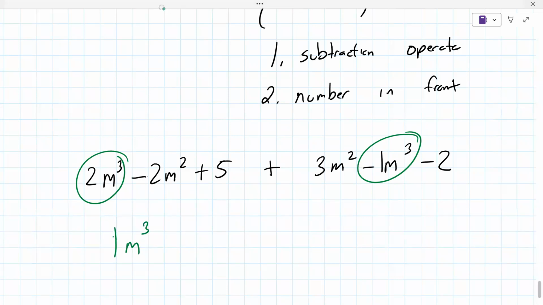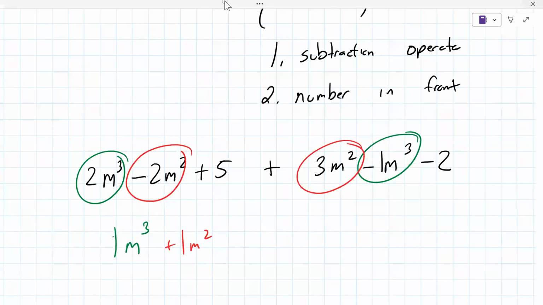All right, now do the same thing for the next set of like terms. 1m squared. Good. All right, and then the last set of like terms. 3, just plus 3. Good.